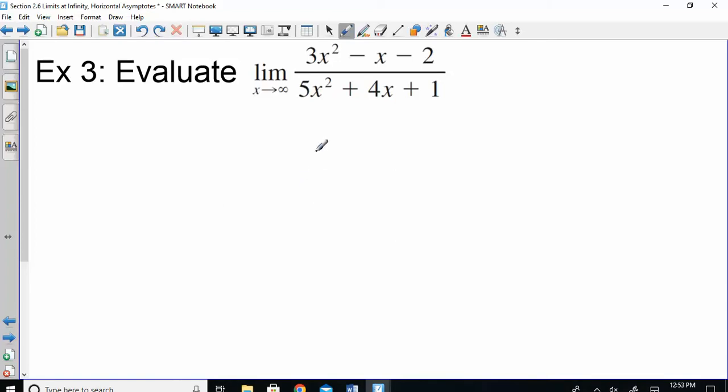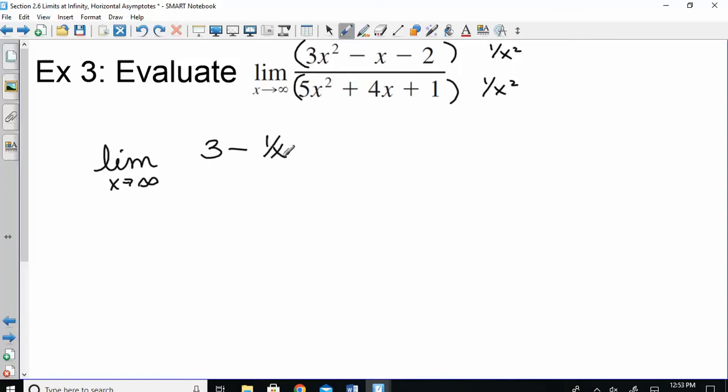What is the highest power of x I see here? x squared. So here's what I'm going to do. I am going to take the top and bottom times 1 over x squared. Since I did it on top and bottom, it's the equivalent of just dividing by 1. So the limit as x approaches infinity, if I distribute that, 3x squared over x squared gives me 3, minus x over x squared is 1 over x, minus 2 over x squared.